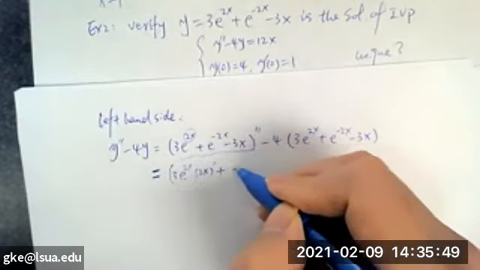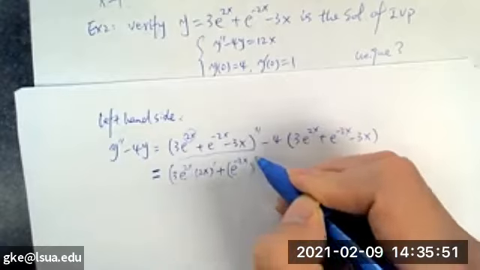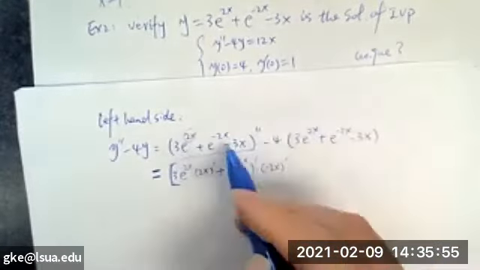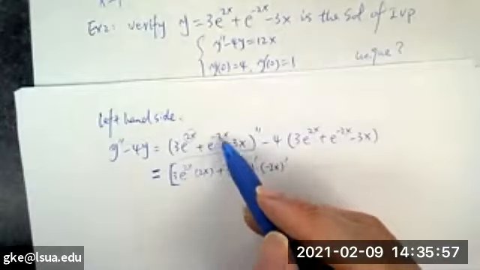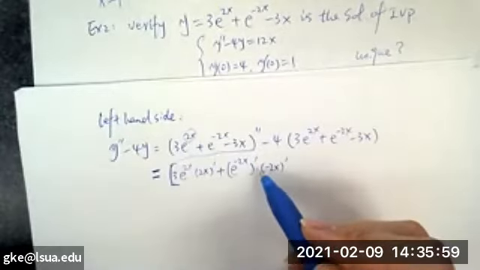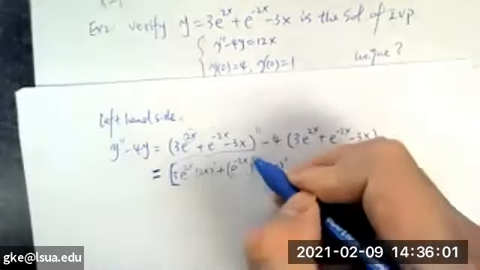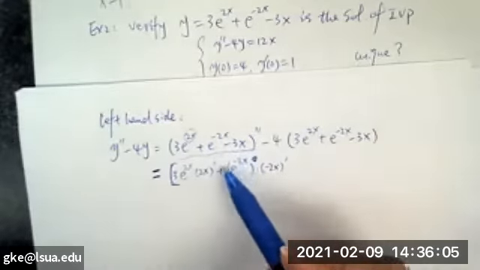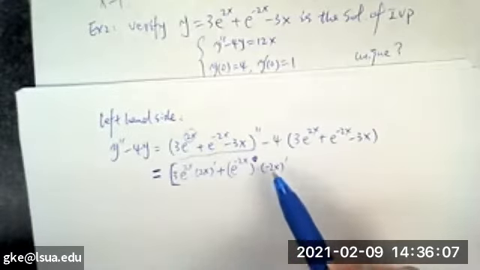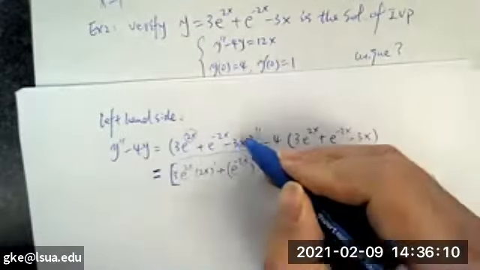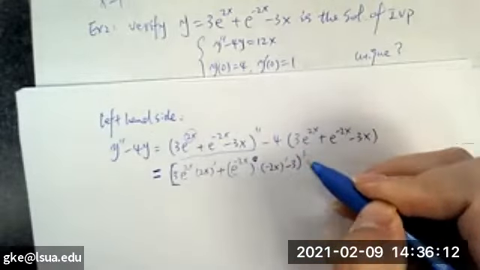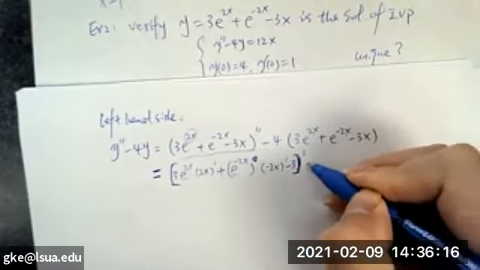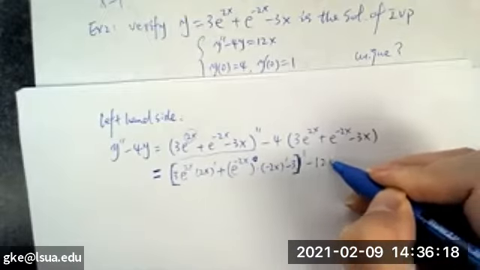We do the derivative for this composite function, giving -2x, and the derivative of this term will be very straightforward, it's -3.